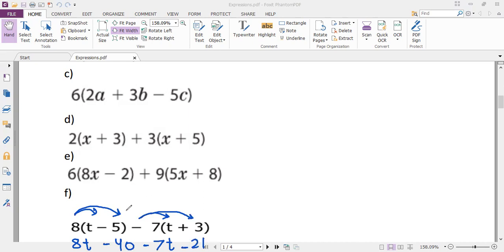Okay, then collect like terms. I have 8t minus 7t equals 1t. So we don't write 1, just write t only. And t means 1t. And I have minus 40 minus 21. So it's negative 61. So it's t minus 61 in its simplest form.